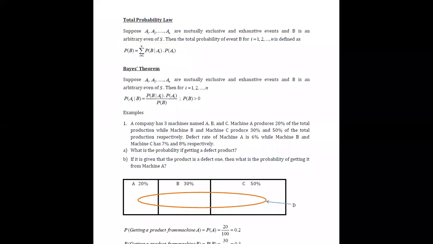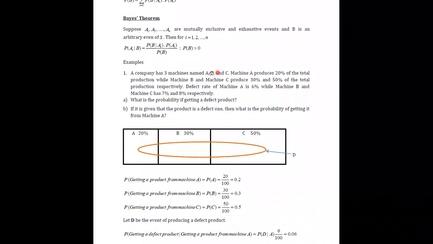Okay, now this is one example. Suppose that a company has 3 machines named A, B, and C. And it says that machine A produces 20% of the total production, while B and C produce 30 and 50%.